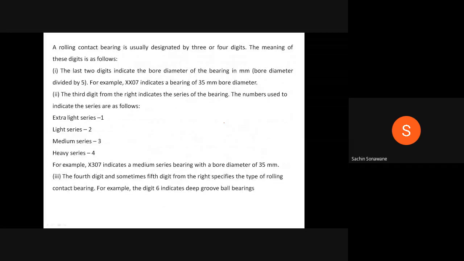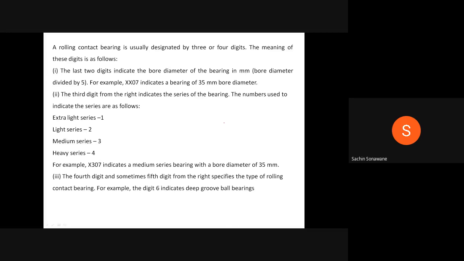A rolling contact bearing is usually designated by 3 or 4 digits. The meaning of these digits is as follows. The last 2 digits indicate the bore diameter of the bearing in mm, bore diameter divided by 5. For example, XX07 indicates a bearing of 35 mm bore diameter, that is 7 into 5 is equal to 35.